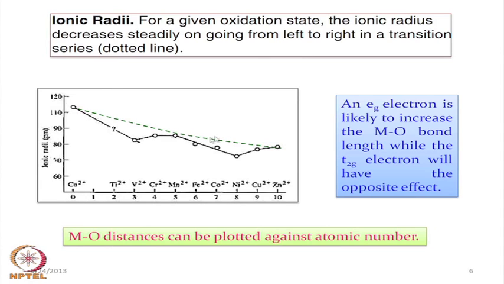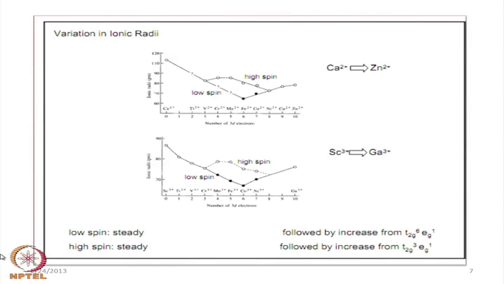We get a similar type of plot for these M-O distances. So, these variations in ionic radii can also be reflected for these two types of cations, one the bivalent and another the trivalent state, and we see that for the low spin and high spin cases we will also have different things.